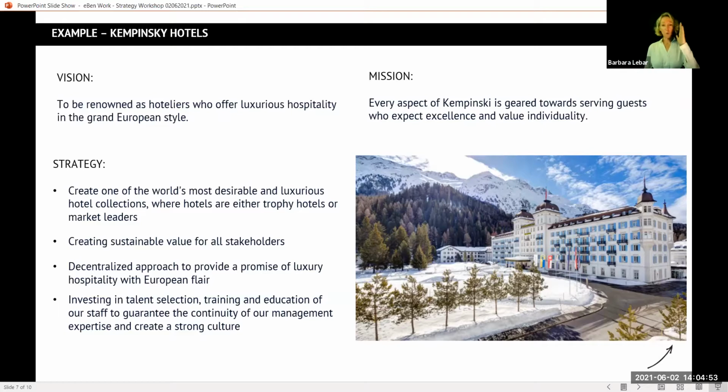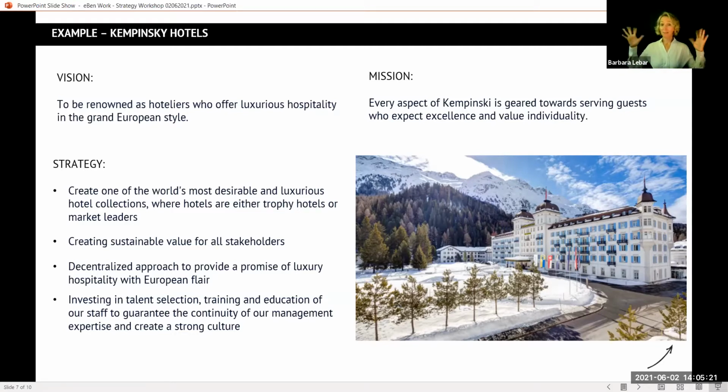They also said that they want to have a decentralized approach. So it's not one approach set in Switzerland and then served all around the world, but they actually said, we allow our managers who are sitting in specific countries to adapt according to the local values, local expectations, and really adapt the Kempinski offering accordingly.